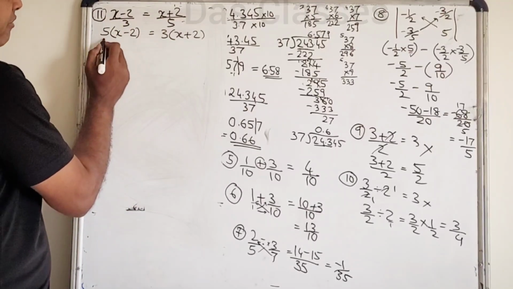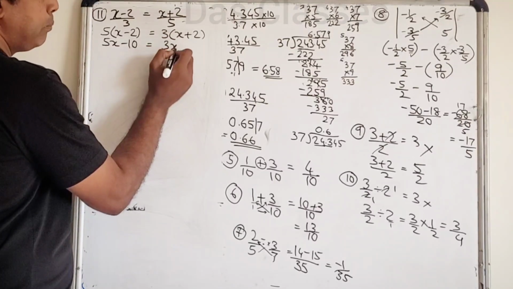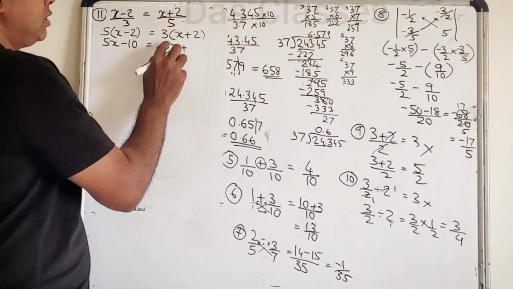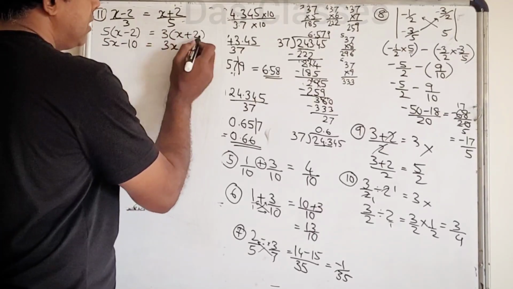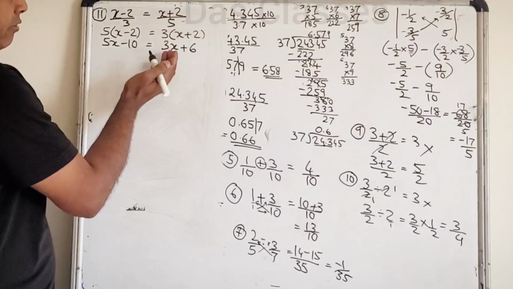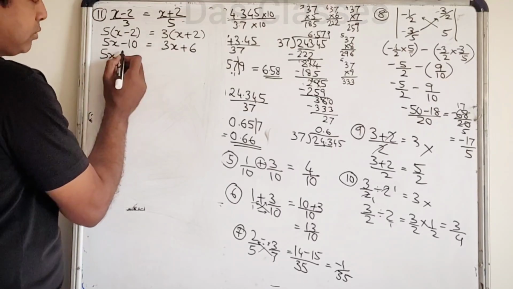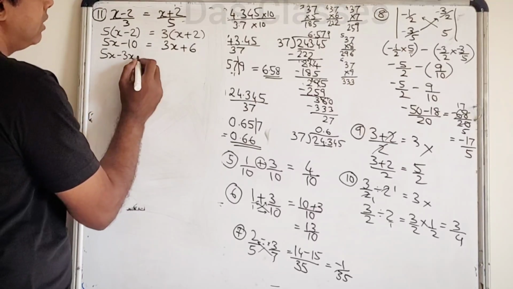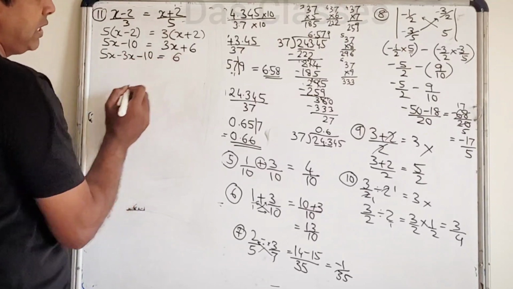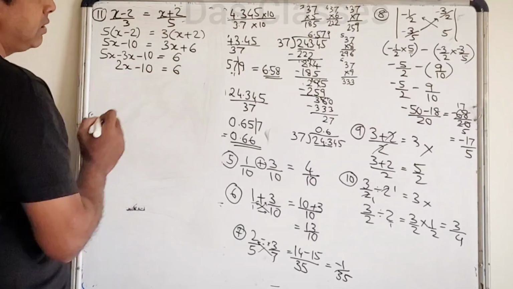So this will become 5x minus 10. You have to multiply both of them. Students just multiply the first term, they leave the second term. That's wrong. 3 into x is 3x, 3 into 2 is 6. Now variables, you always bring it to the other side. So 5x, 3x, when it comes this side, it's plus 3x, so it will become minus 3x. Minus 10 is equal to 6. So that is 2x minus 10 is equal to 6.